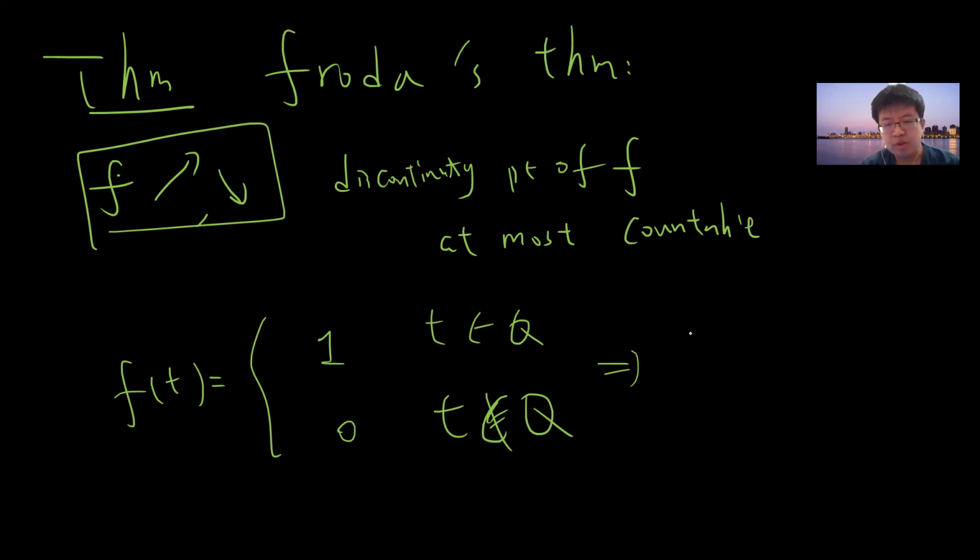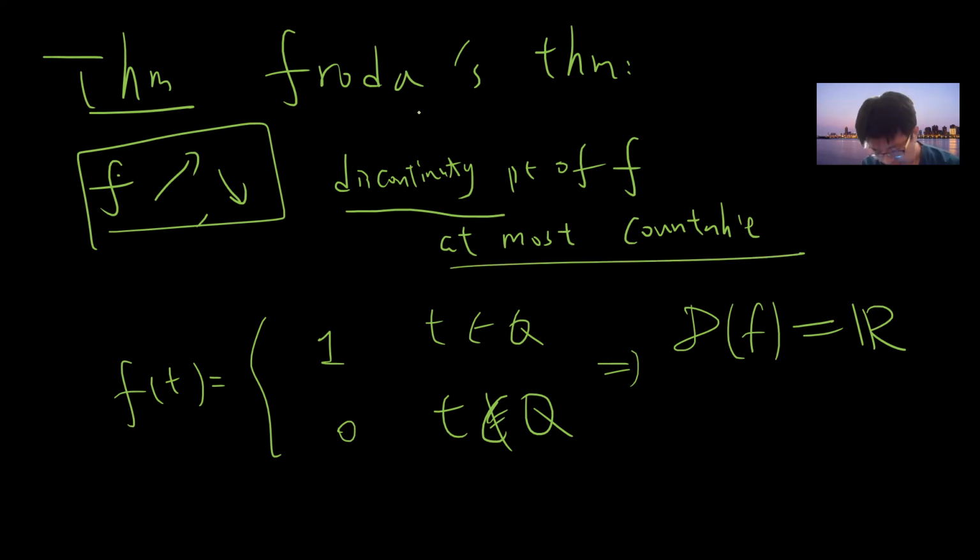So the set of discontinuities, let's define D(f), is exactly the set of reals. Every point is not continuous. But if it's increasing or decreasing, then it must have at most countably many discontinuity points. So this is Froda's theorem.